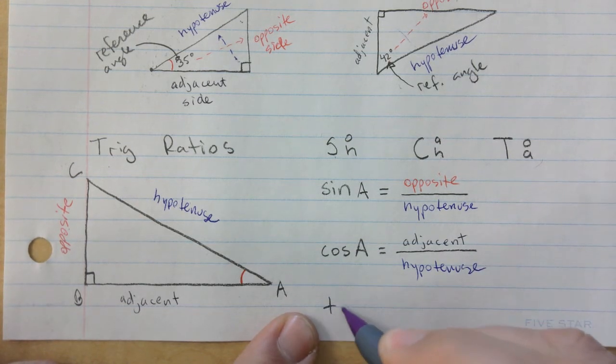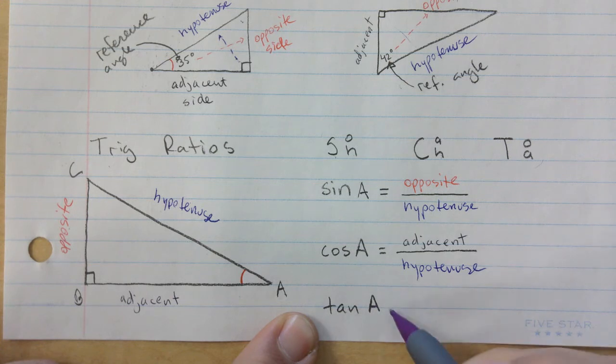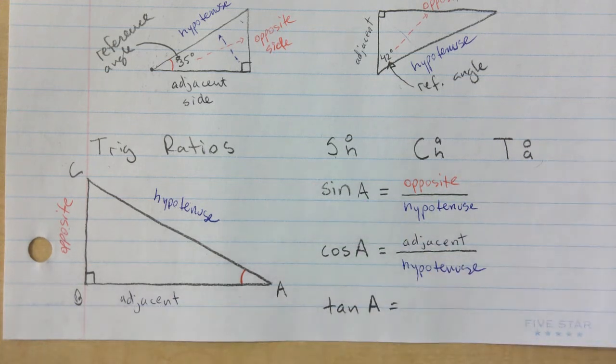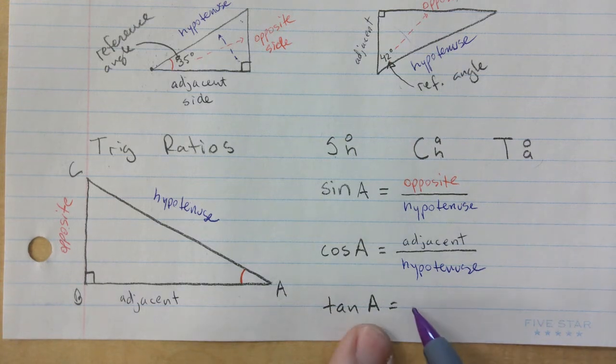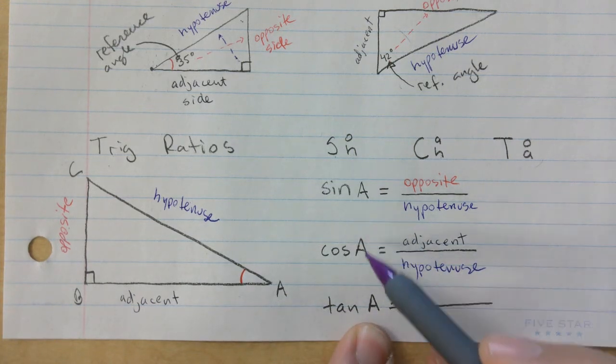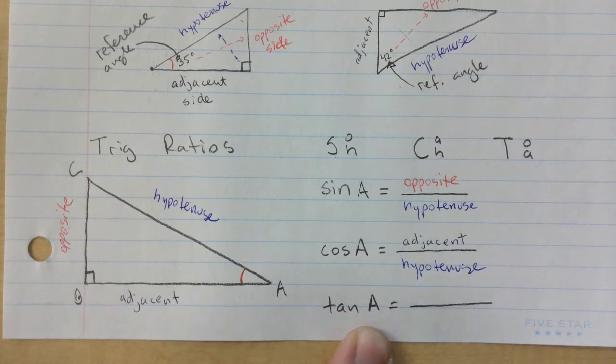And tangent of angle A. All these sin, cos, tan always need to have an angle attached to it. It could be a number. In this case, we don't have numbers, so we're using the letter. But you can't just write sine, cosine, tan without an angle attached to it. Remember that. And I don't want to see SOHCAHTOA in your work. That's just to help you remember.